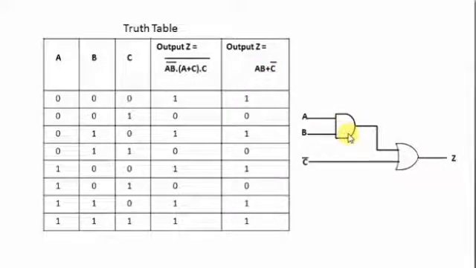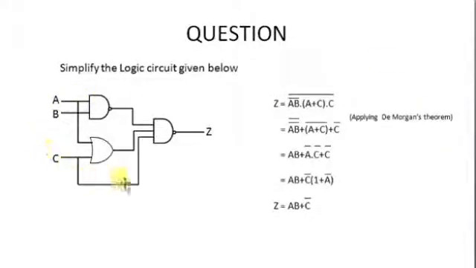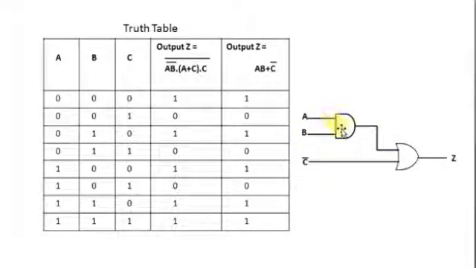Only one AND gate and one OR gate with three inputs A, B and C'. If you compare with the previous diagram, you can see that it was much more complex, but here it is reduced to just one AND gate and one OR gate. So AB + C'.